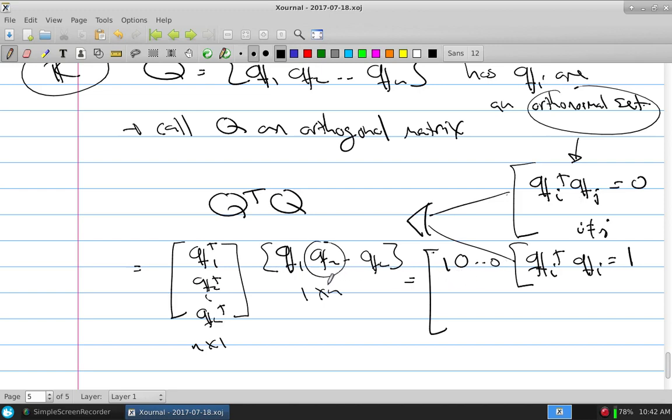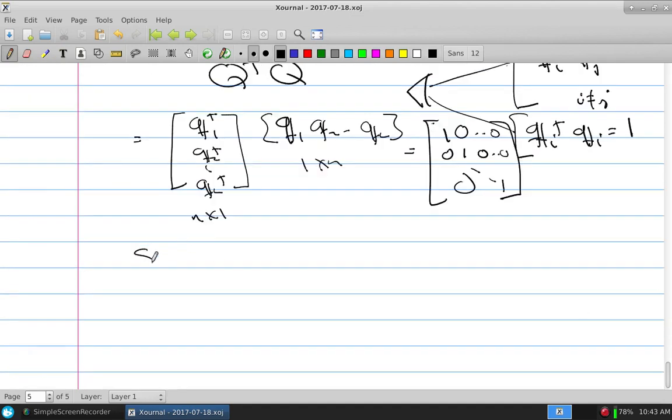What would be the next row? It would be Q2 transpose Q1, which is 0, and then Q2 transpose Q2, which is 1, and then 0 and 0. And so what does this become? The identity, right? And so that means Q transpose Q, because their insides are orthonormal, is just the identity.